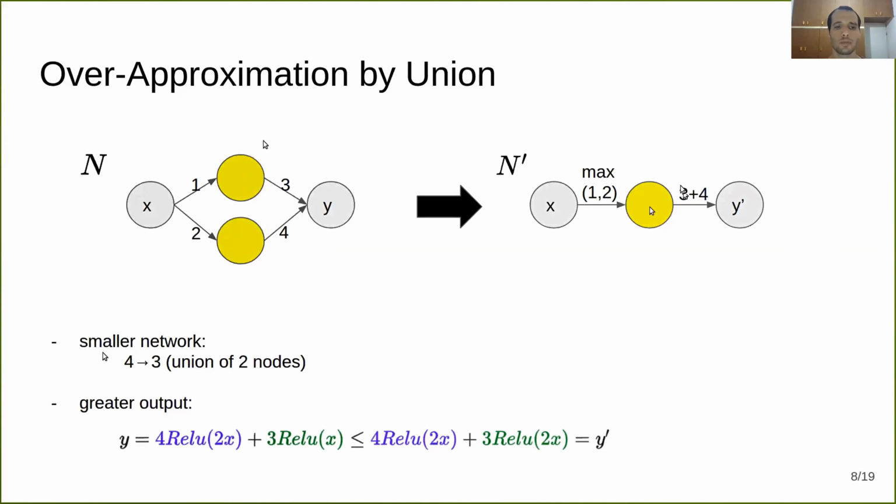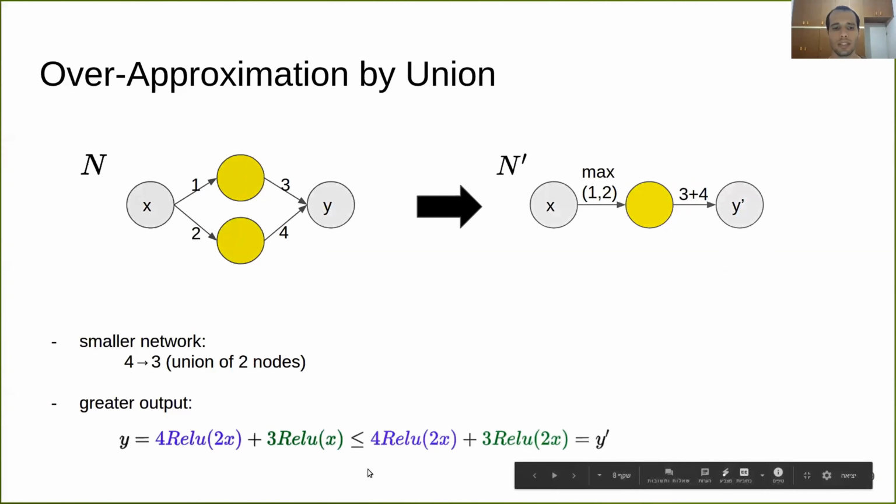And of course, we get a smaller network because we unify the two nodes into one. And also, we get that our output is greater because this inequality holds. You can see that the left blue part and the right blue part are equal. And also that the left green part is smaller than the right green part because ReLU is a monotone increasing function and a non-negative function.